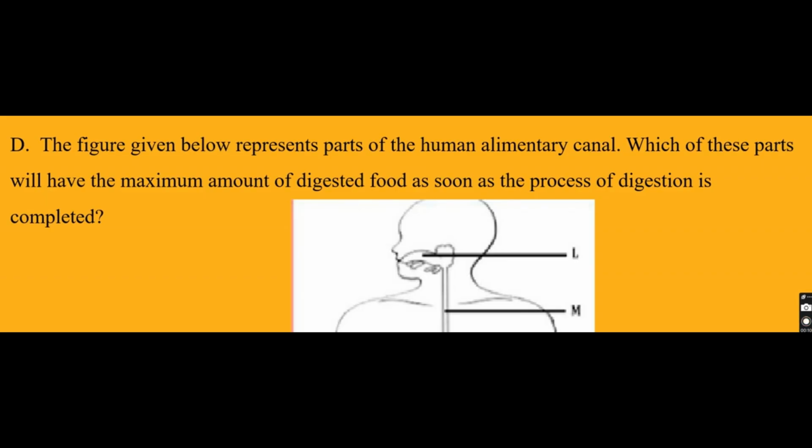The figure given below represents parts of the human alimentary canal. Which of these parts will have the maximum amount of digested food as soon as the process of digestion is completed?